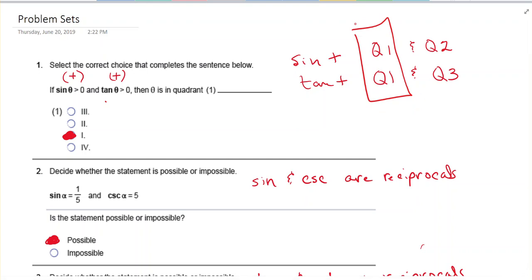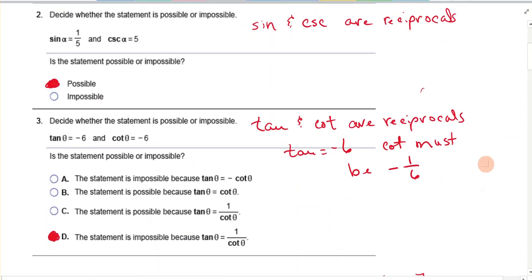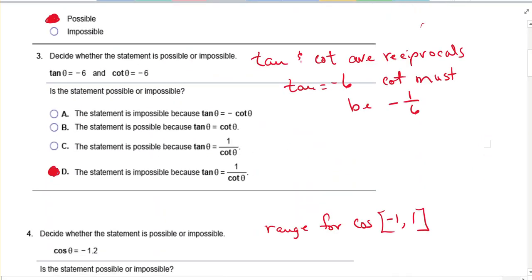Number 2 says decide whether this is possible or impossible. If sine is 1/5, then cosecant would be 5 over 1. Those are reciprocal relationships, so that is possible. Sine can be 1/5, cosecant alpha could be 5 over 1. Decide whether this is possible or impossible.